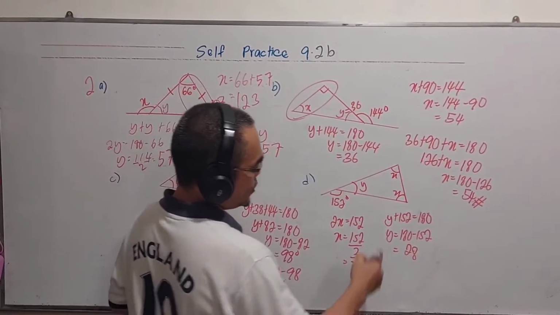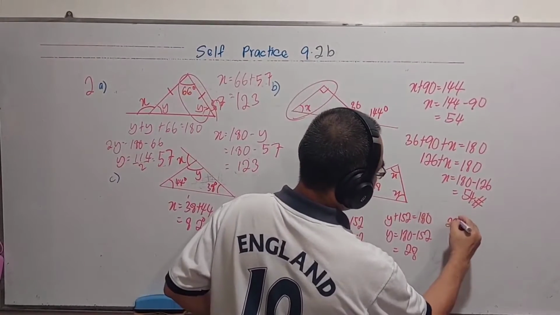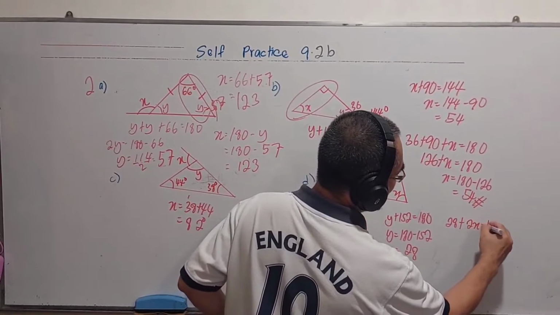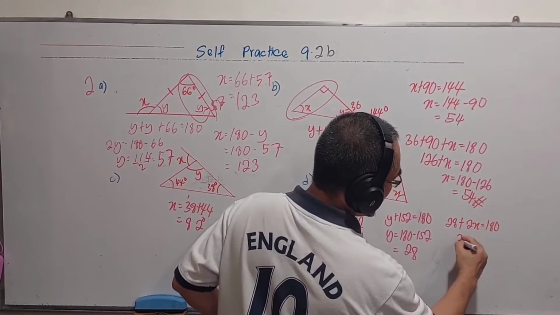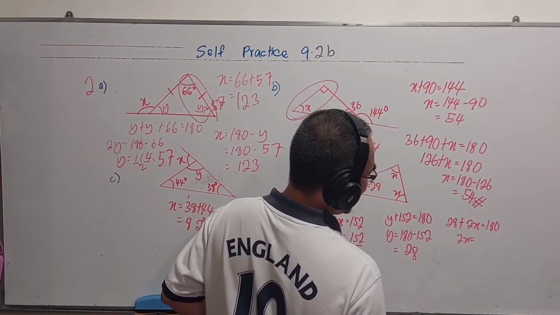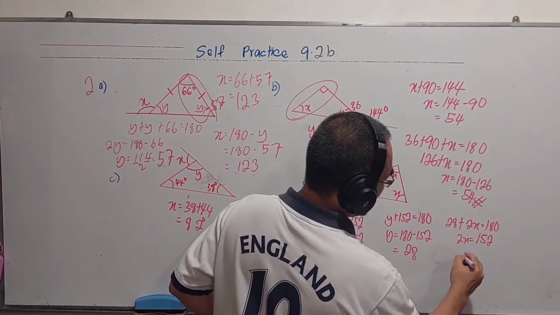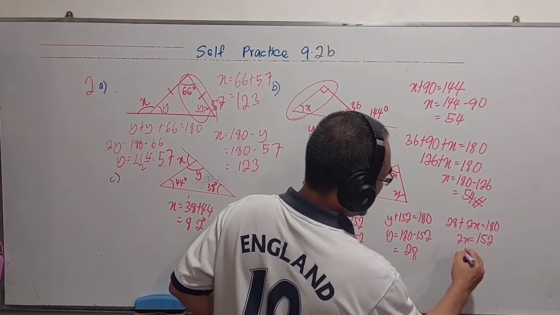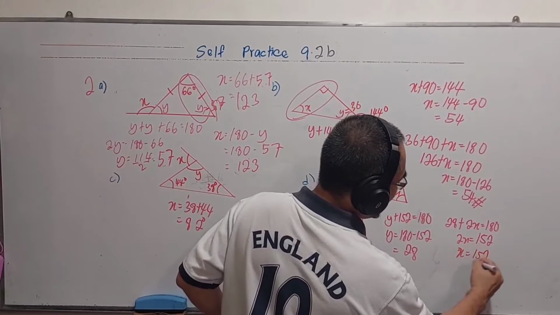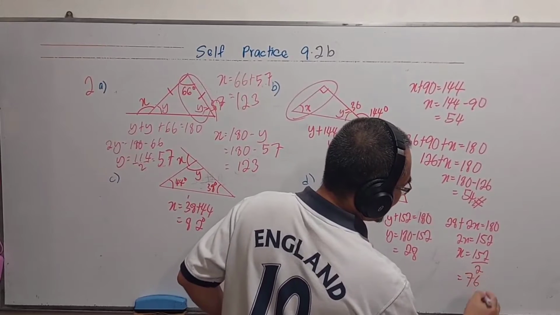So I say 28 plus 2x equals 180. So 2x will be 180 minus 28, which is 152. So x will be 152 divided by 2, which is 76.